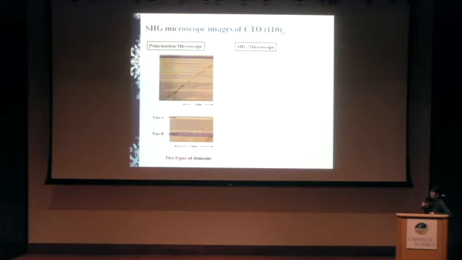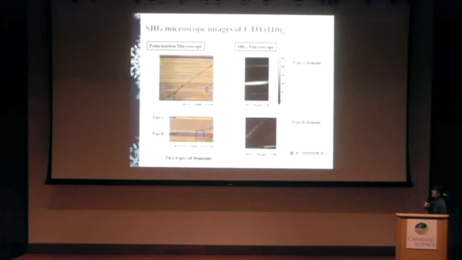There is also another type of domain boundary which is inclined about 45 degrees from the other. We call these type A and type B domain boundaries. We selected this region and observed it by using a second harmonic generation microscope. The result is shown on the right side, where the white region corresponds to the SHG-active area and black to the non-SHG-active area.